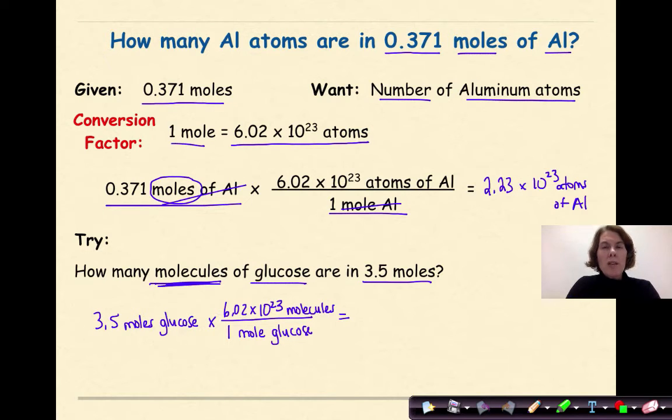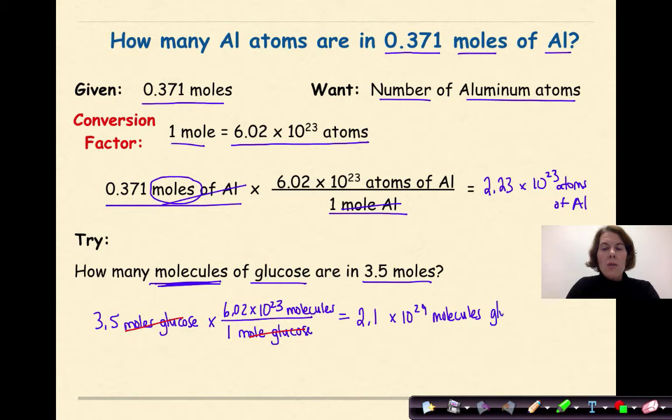Then before I do my calculations, I need to know that I have done it correctly. So moles cancel moles. I multiply 3.5 times 6.02 times 10 to the 23rd, and the answer that I should get is 2.1 times 10 to the 24th molecules of glucose.